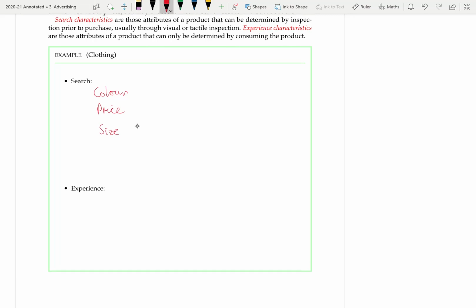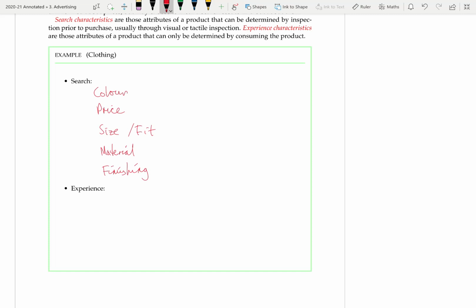Closely related to size is fit. Fit is more about the match of the size to your body. Other search characteristics are things like the material. So you can see whether it is cotton or wool. The finishing. If you're in a store, you can see whether the clothing has loose threads, is the stitching straight, things like that. So these are all search characteristics.